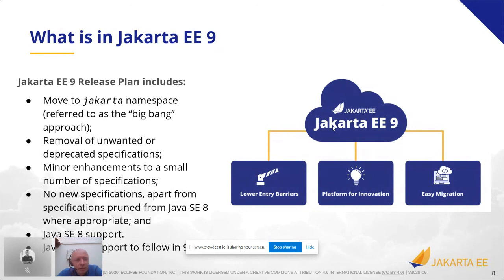There's some other things that we wanted to do. We wanted to remove unwanted or deprecated specifications. So really take out things that were old, not really used anymore, or used rarely or unsupported by many of the application servers. Really, that was to lower the barrier of entry.